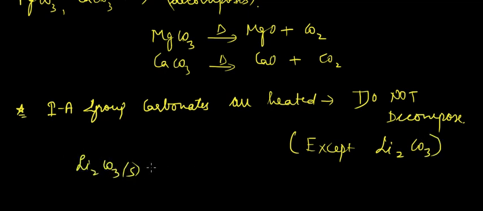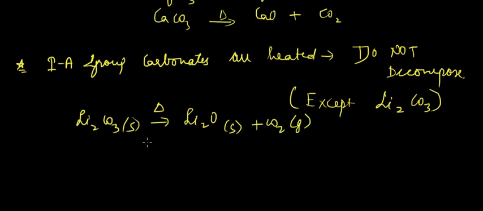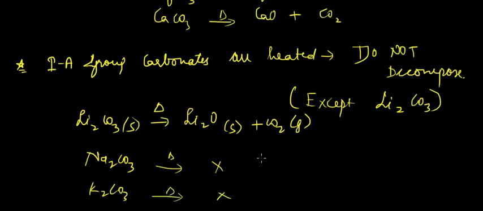Li2CO3 is a solid which on heating gives Li2O, again solid, plus CO2 gaseous. But if we heat Na2CO3 and K2CO3, they do not decompose. There would be no change in the reaction. The solid would remain as it is.